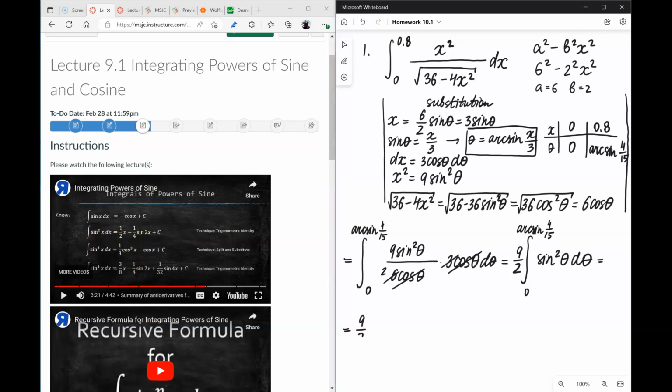So we have 9/2, and the integral of sine squared theta is going to be 1/2 of theta minus 1/4 of sine 2 theta, evaluated from 0 to arc sine of 4/15. And the last step is to apply the fundamental theorem of calculus.